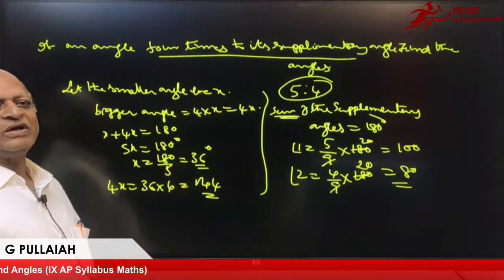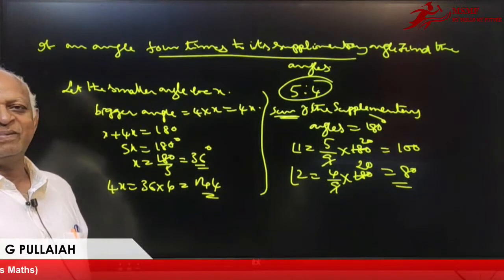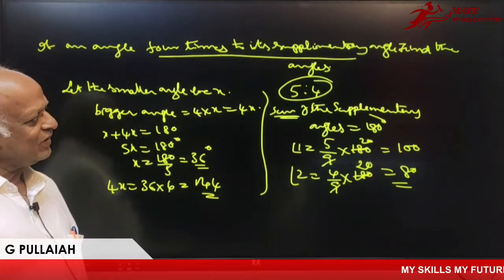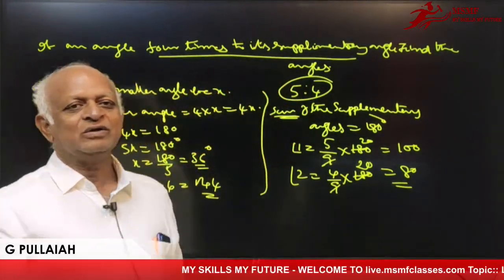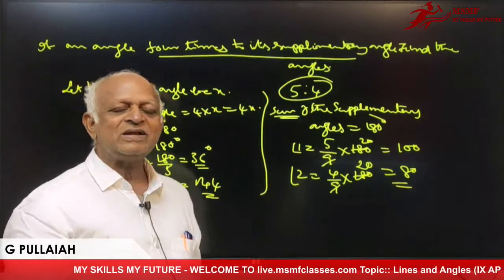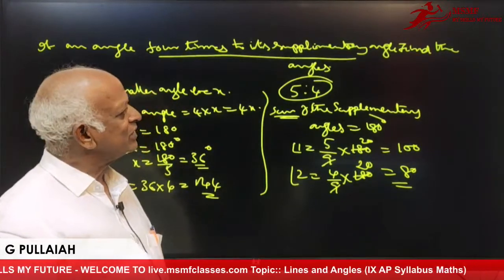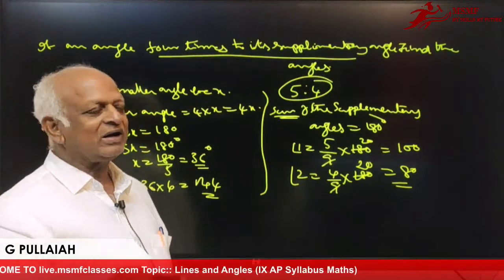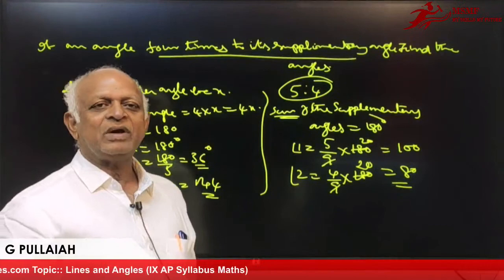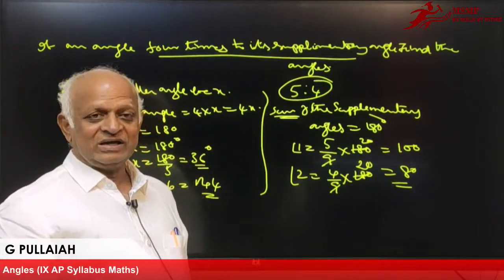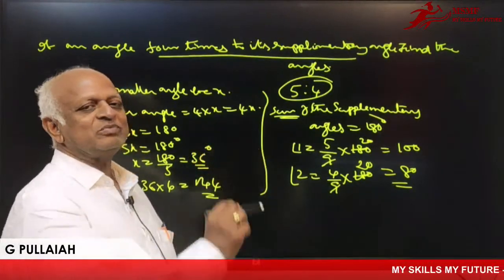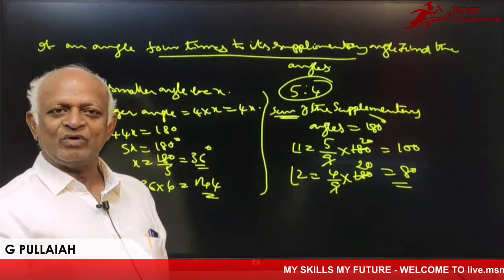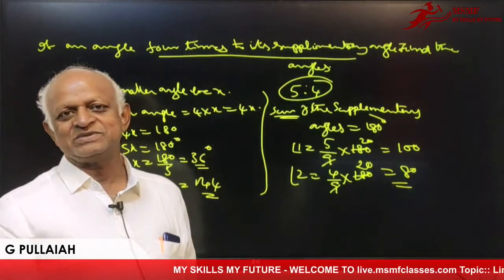Like this, you will be getting many more questions. Think very carefully. Don't forget about the parallels. Don't forget about the transversal. Don't forget about the corresponding angles, alternate angles, interior alternate angles, exterior alternate angles, and also the sum of the co-interior angles. These are all parallel concepts.